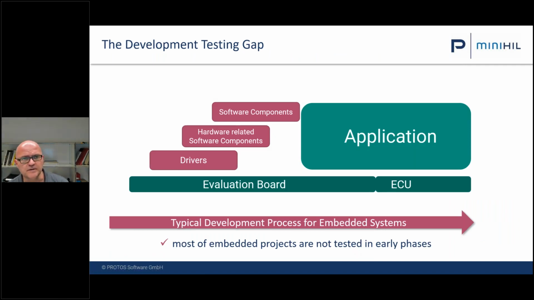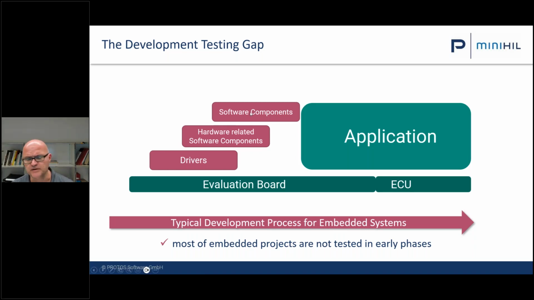Let's have a look at the development process and how testing plays into it. If you look at the typical development process for an embedded system, usually you start at an evaluation board, just as an example, and you configure your drivers, you test your drivers, you try them out, and then you develop hardware-related software components, for example, a motor control or a battery control, or low-level bus-related protocols like CAN, LIN, and so on.